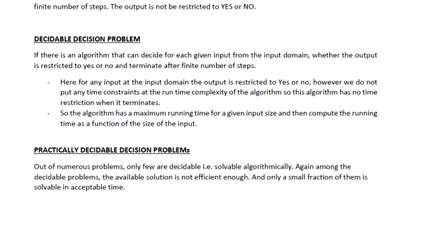However, we don't put any time constraints on the running time complexity of the algorithm, so the problem has no time restriction on when it terminates.